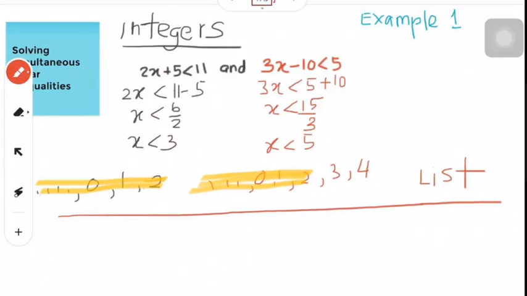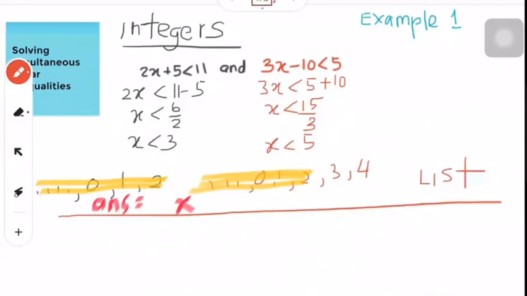So how do we write the answer? x must be 2, 1, 0 and below.